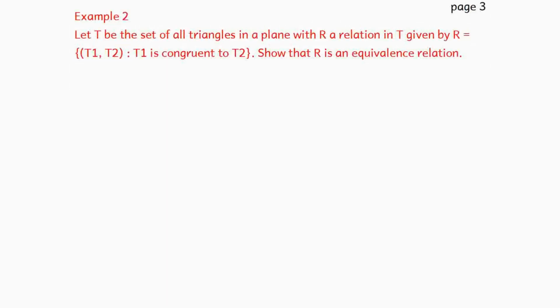Next, example number 2. Let T be the set of all triangles in the plane, with R a relation in T given by R equal to (T1, T2) where T1 is congruent to T2. The word congruent indicates that T1 is similar to T2. That is, it is like a bread slice.